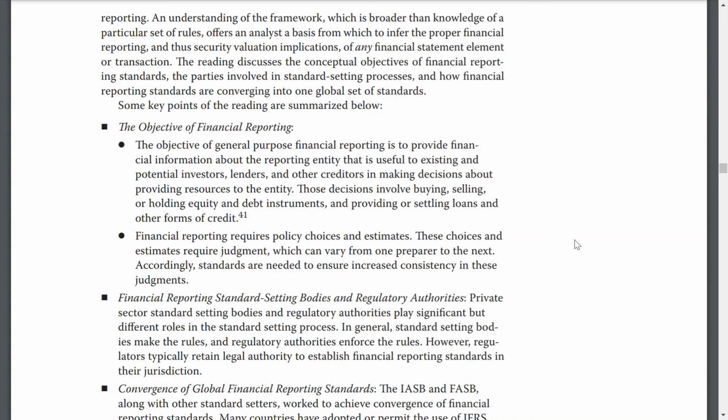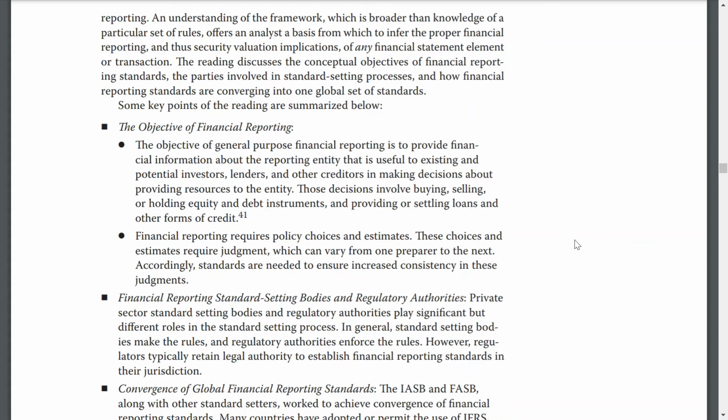Standard setting bodies and regulatory authorities, both private sector and governmental, play significant but different roles in the standard setting process. In general, standard setting bodies make the rules and regulatory authorities enforce the rules. However, regulators typically retain legal authority to establish financial reporting standards in their jurisdiction.